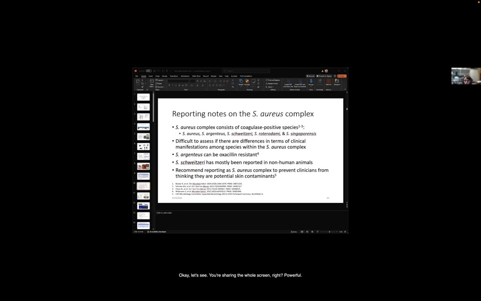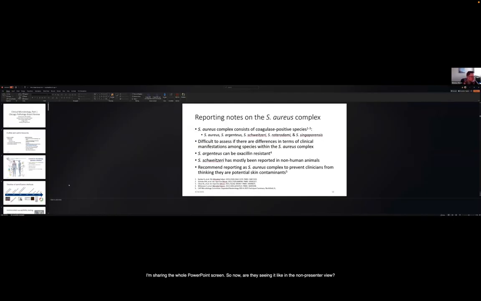You're sharing the whole screen, right? I'm sharing the whole PowerPoint screen. Are they seeing it in the non-presenter view? I can see your slide deck on the left-hand side in a smaller view, and I'm seeing your whole screen of the PowerPoint. Now, if you do the full screen, not in presenter mode, right?